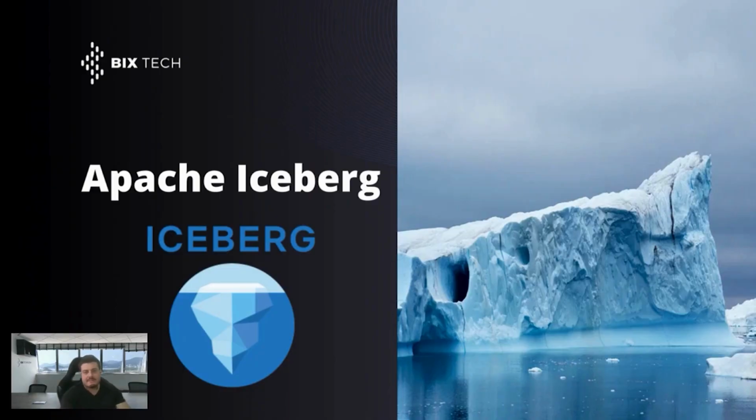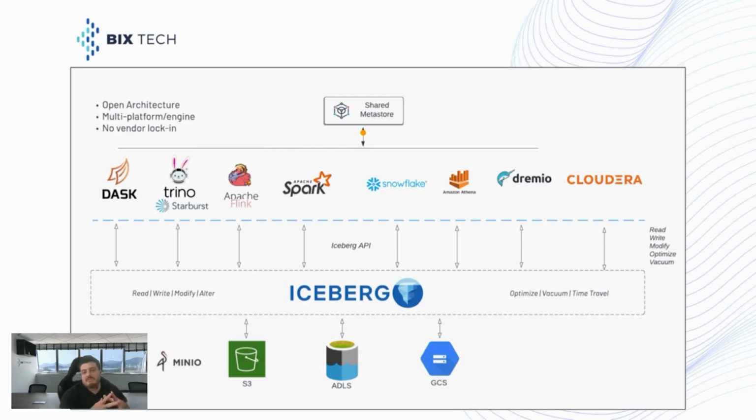Apache Iceberg is an optimized table format and a unified storage layer for data lakes, providing ACID transactions, version time travel, schema evolution, and optimization. It enables efficient queries across multiple processing engines like Spark, Flink, Trino, Dremio, and Iceberg also supports multiple storages like S3, Blob Storage, Google Cloud Storage, MinIO, ensuring high performance.